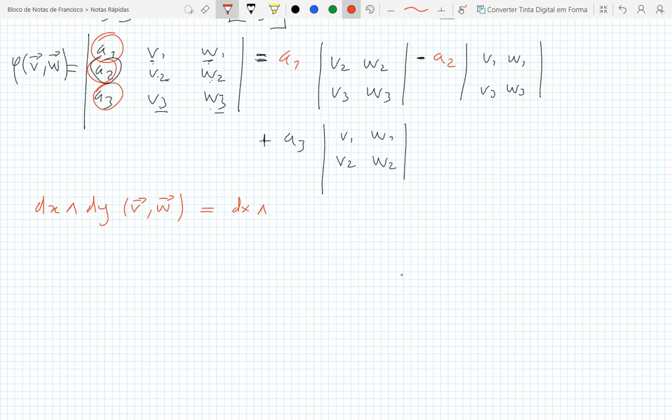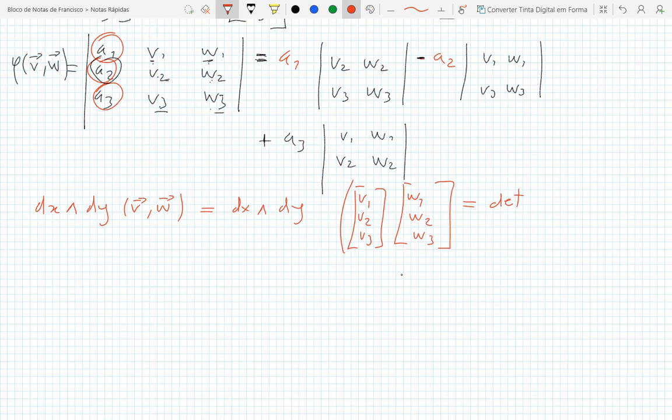will be dx wedge dy of v1, v2, v3 and w1, w2, w3, and this will be the volume, right? So this wedge will be the determinant of V1, W1, V2, W2.